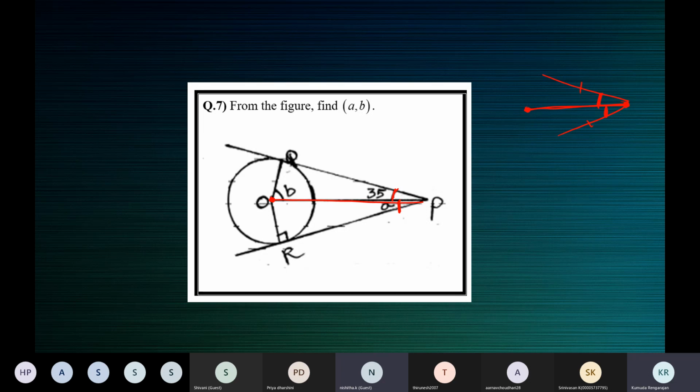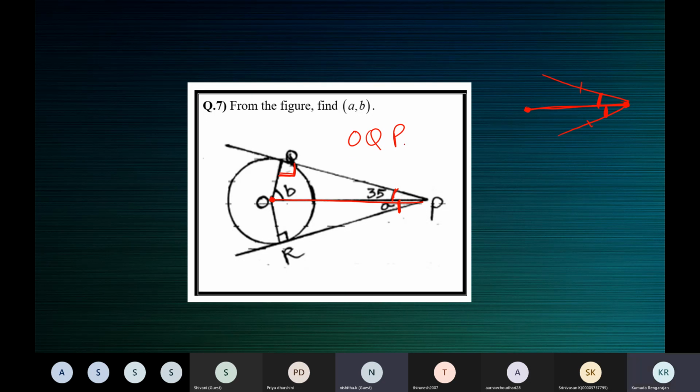What's the value of B? 55 degrees, ma'am. Yeah. How do we find that? What's the measure of OQP? This is 90, right? So by using angle sum property in triangle OQP, angle Q is 90 degrees.